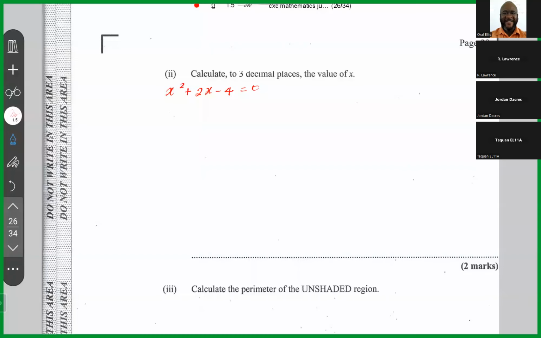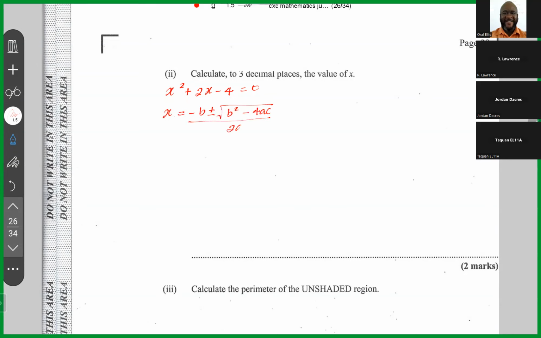We're asked now to solve this quadratic equation, and we need to write our answers correct to 3 decimal places. Now, when you're asked to solve a quadratic equation and write the answer correct to 3 decimal places, it is a telltale sign that it cannot be factorized, and you're going to have to use the quadratic formula, which says that x would be equal to minus b plus or minus the square root of b squared minus 4ac all over 2a.